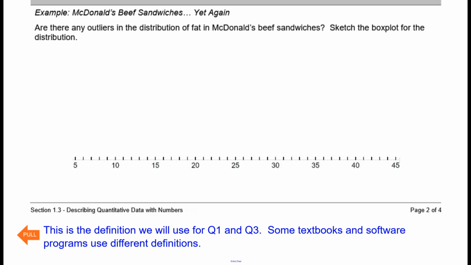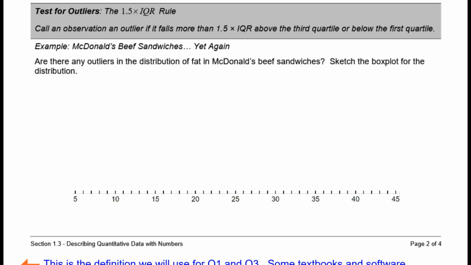Some textbooks and software programs use different definitions, so you might get different values for Q1 from your calculator than you get from Microsoft Excel, and that's because they're using different definitions of the quartiles. Now, they should be really close. They shouldn't be off by too much, but they could be different. I'll also tell you that the TI-Nspire CAS calculator uses the same definition that our textbook uses, so I'll show you an example of that here shortly.